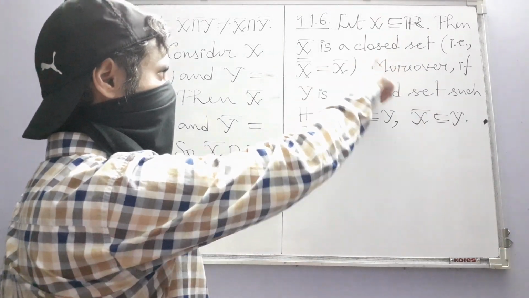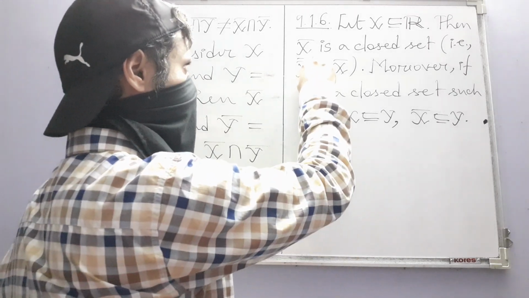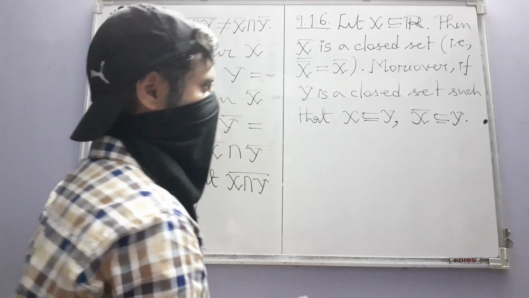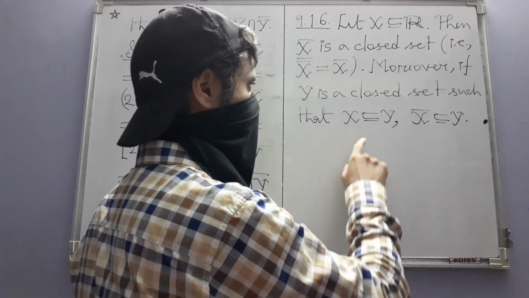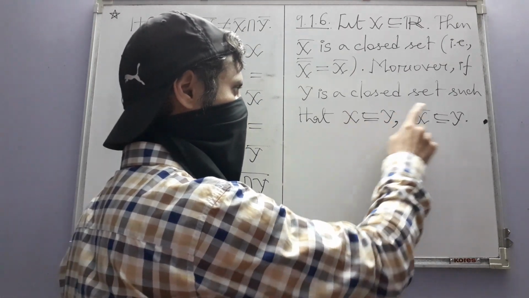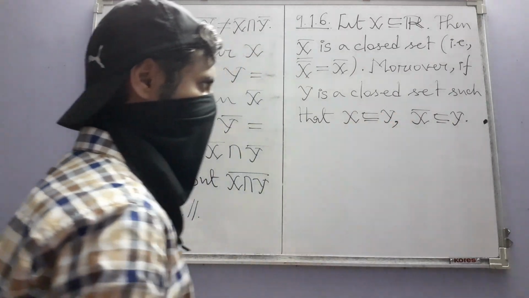So this exercise has two parts, right? First we have to prove that X closure is a closed set, okay. And in the second part we have to prove that if Y is a closed set that contains X, then Y also has to contain X closure.